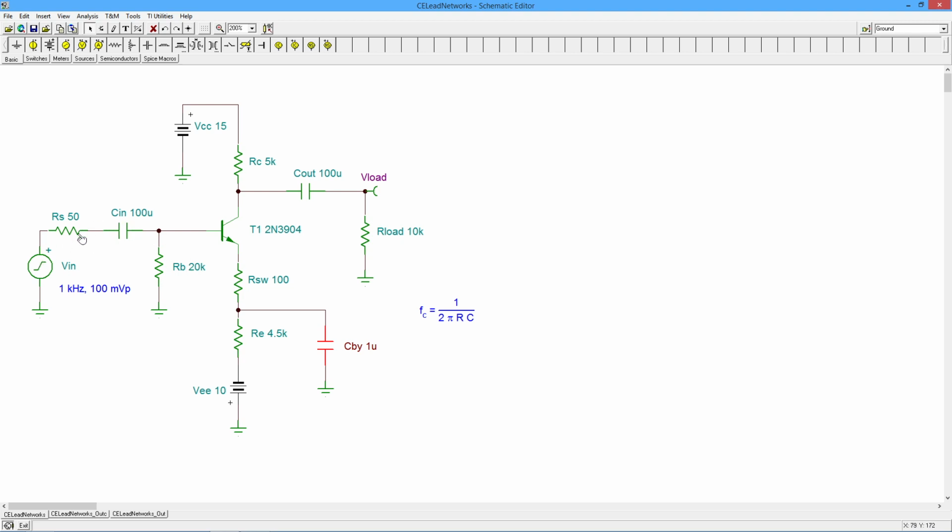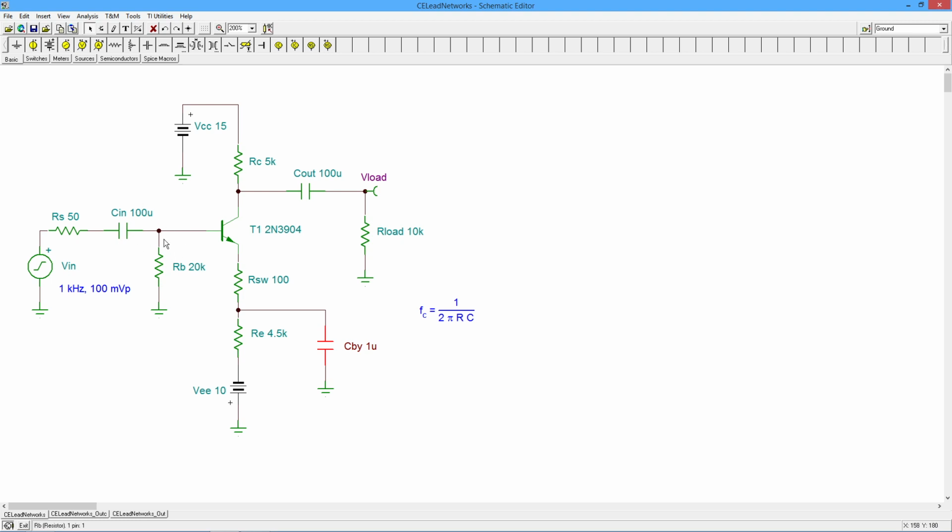The RS is only 50 ohms, so this total impedance is going to be really small. Plus, it's going to be divided by beta, because we're sitting out here in the emitter, and this is the base, right? This current is beta times smaller, so, kind of like a transformer, the effective resistance that you see is chopped down by beta.